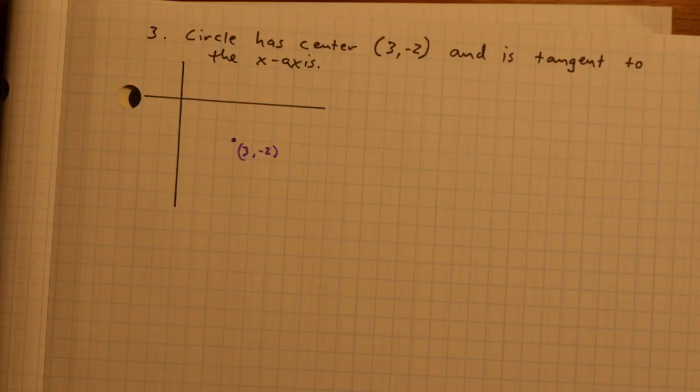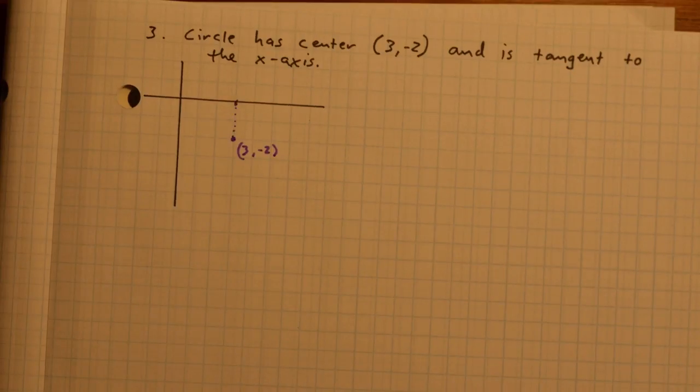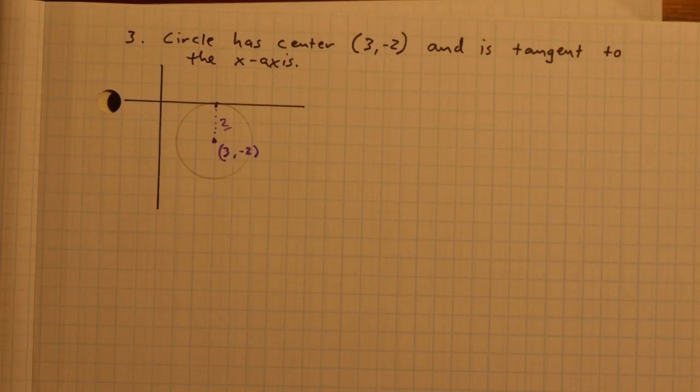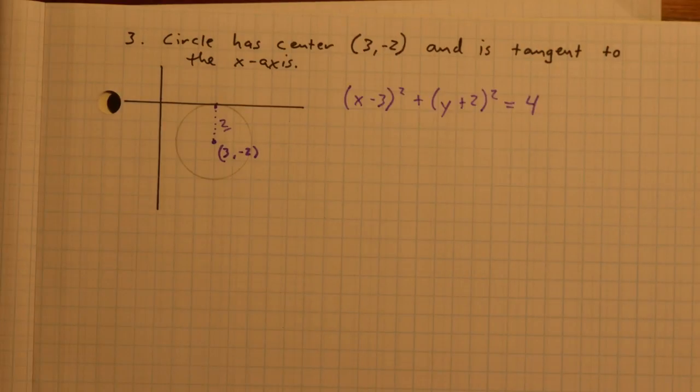We know the center is at (3, -2), and the fact that it's tangent to the x-axis means we know the radius. There are 2 grid points between the center and that point of tangency. And so therefore the radius is 2, and we can sub our information into the standard equation of a circle.